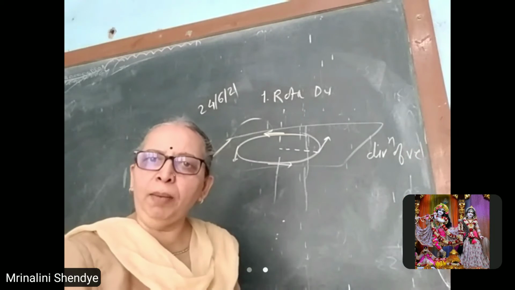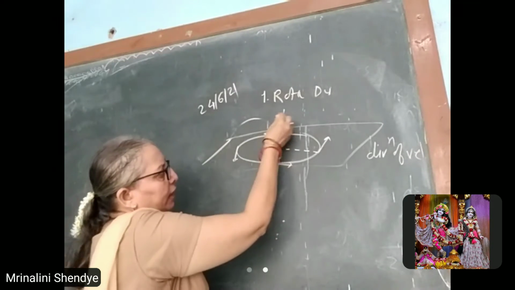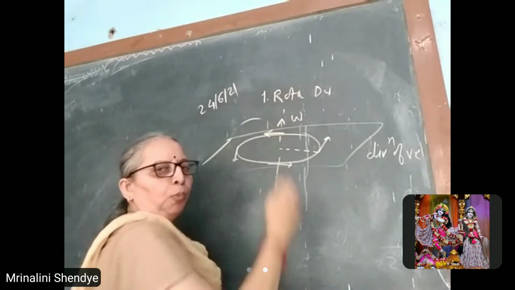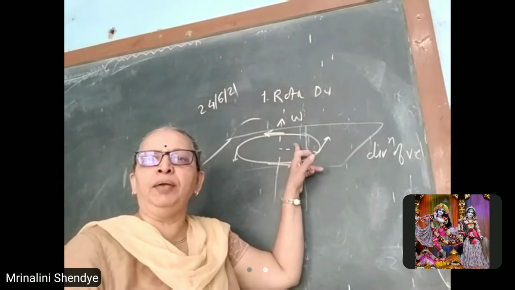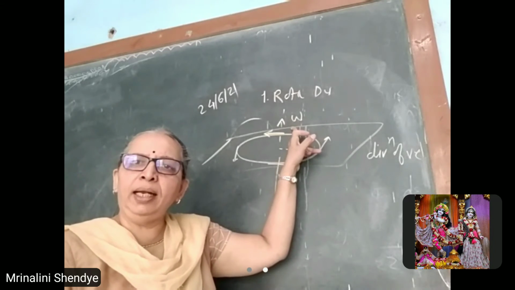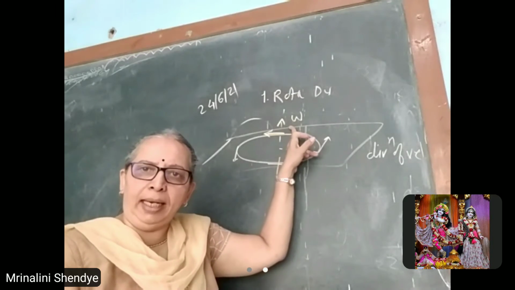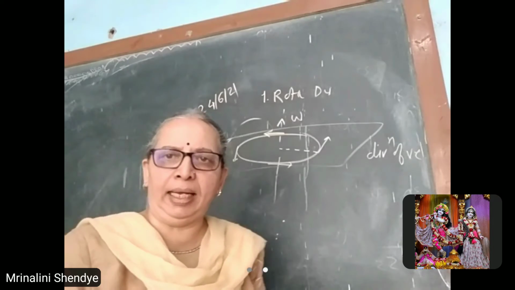If you talk about its angular velocity in the anticlockwise sense, it is along the axis pointing up. Unless the direction changes, angular velocity does not change. So angular velocity here is not changing in direction, but linear velocity continuously changes in direction.